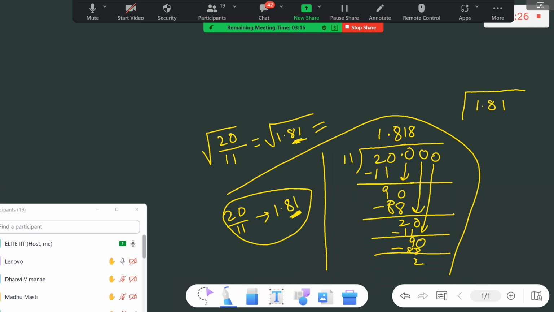Now, Manvita, how to find the square root of a decimal number, we just did that, isn't it? Today we did that. Did you listen to the class? Did you listen to the lecture? Did you write it down? You didn't write. Why didn't you write, Manvita? Manvita, can you hear me? You didn't write what I taught in the class today?